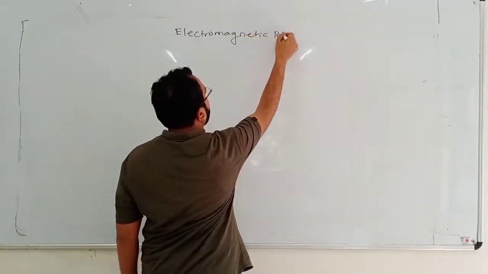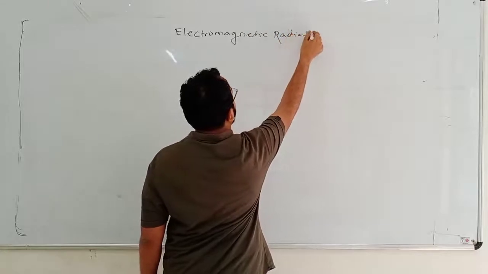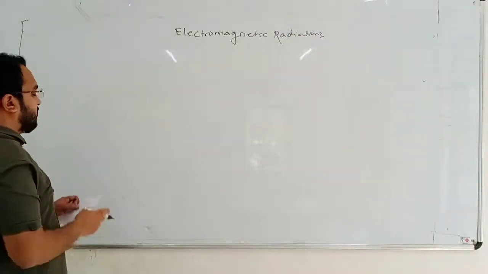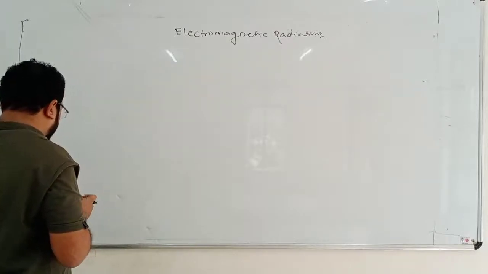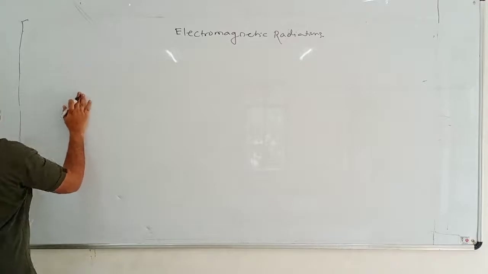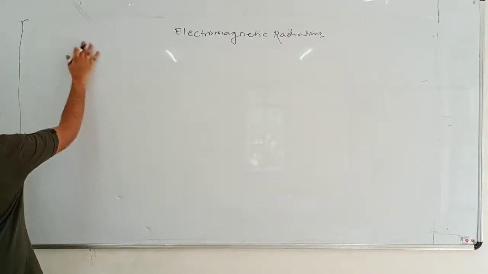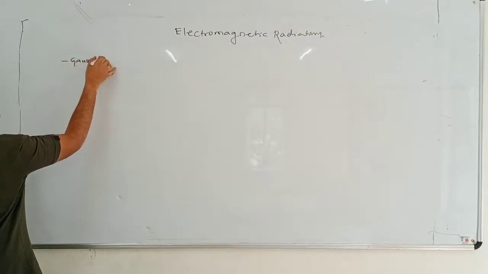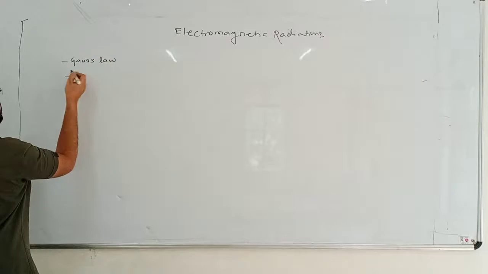Electromagnetic radiations. Okay, now see, the laws which describe the electromagnetic radiations are Gauss law. We have studied these laws.